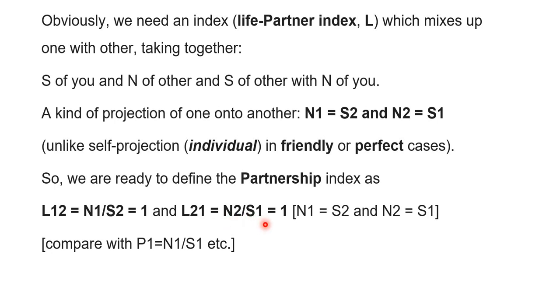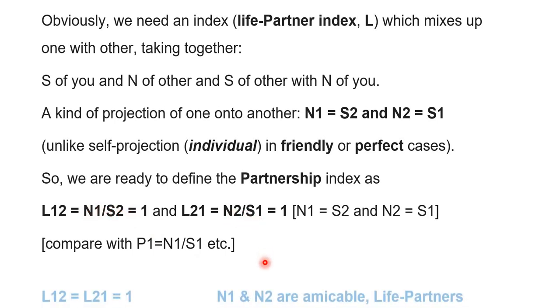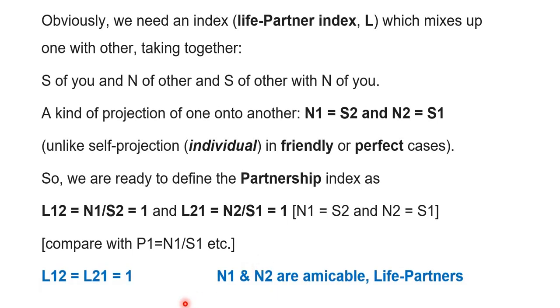So they are mixed up. And that is again 1. We can compare that in case of perfection index, we needed ratios like N1 by S1, and both were 1. But here, one is N1 by S2, and another is N2 by S1.